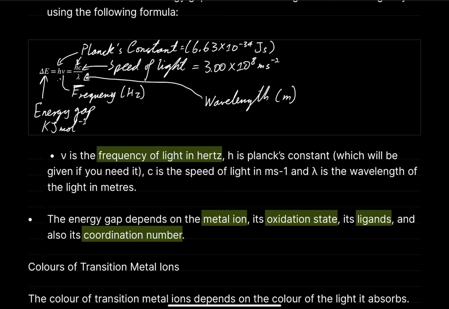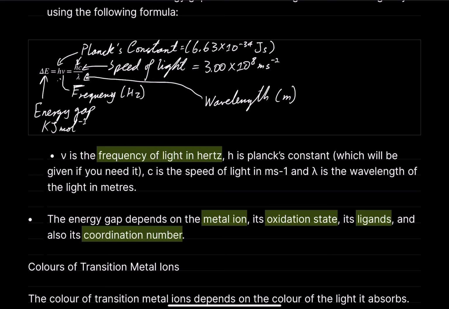If you have two different metal ions, then of course they're more likely to be a different color. But you can have the same metal ion with a different oxidation state. For example, Fe2+ is a pale green, whereas Fe3+ is violet. Sorry, I've got to be specific there.